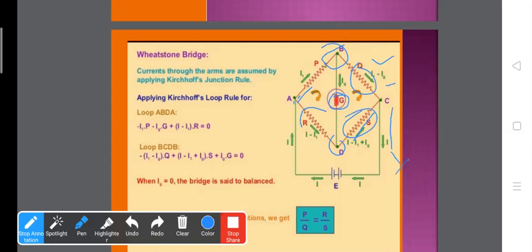We have studied in Kirchhoff's first law that the sum of incoming current is always equal to the sum of outgoing current at a junction. Clear? So take the loop A, B, D and apply Kirchhoff's second loop law.